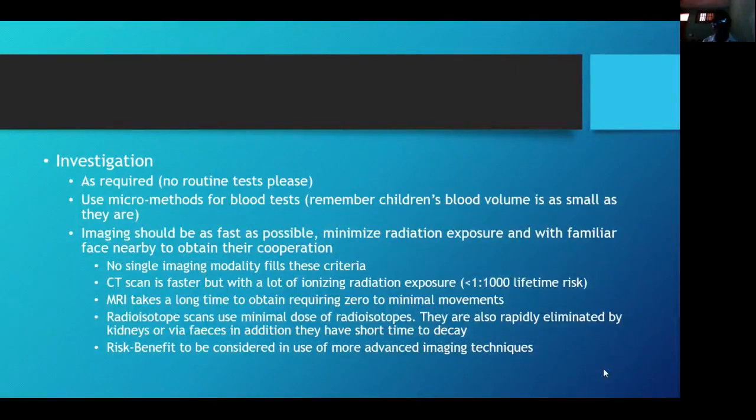So we need to use micro methods rather than macro methods, such that if there are point of care testing devices such as iStat, it's better to use such rather than those techniques of blood testing that would require larger volumes.